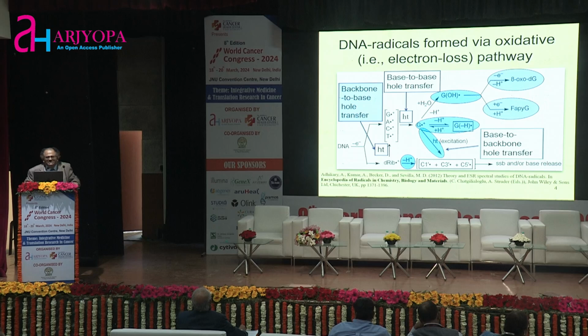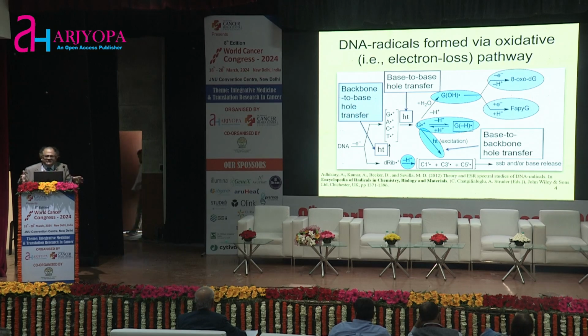Now, what does this slide mean? As we all know, the ionization of the DNA is a random process. So all the bases and the sugar phosphate backbone will be ionized, and the cation radicals thus formed will be localized to the most electropositive base, guanine.